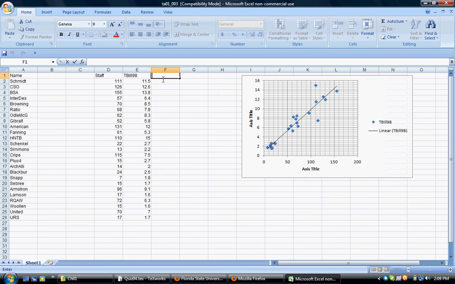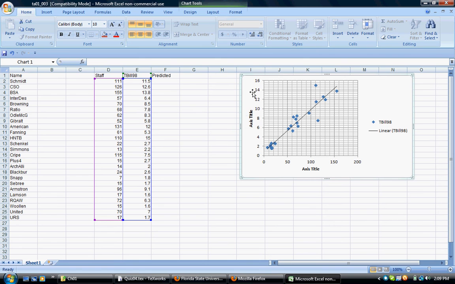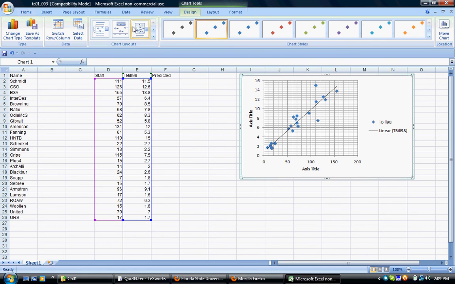I can actually calculate the predicted. And what I'm going to do is use the predicted values that they gave us, the slope and intercept term that they gave us. It's actually, I believe, incorrect, because if you click on the graph and then go under design, you can change the chart layout.